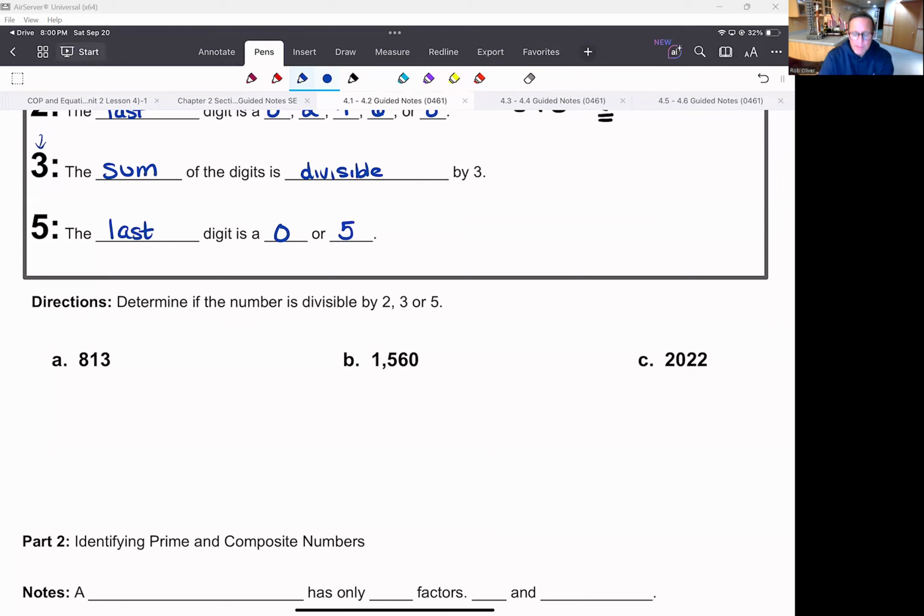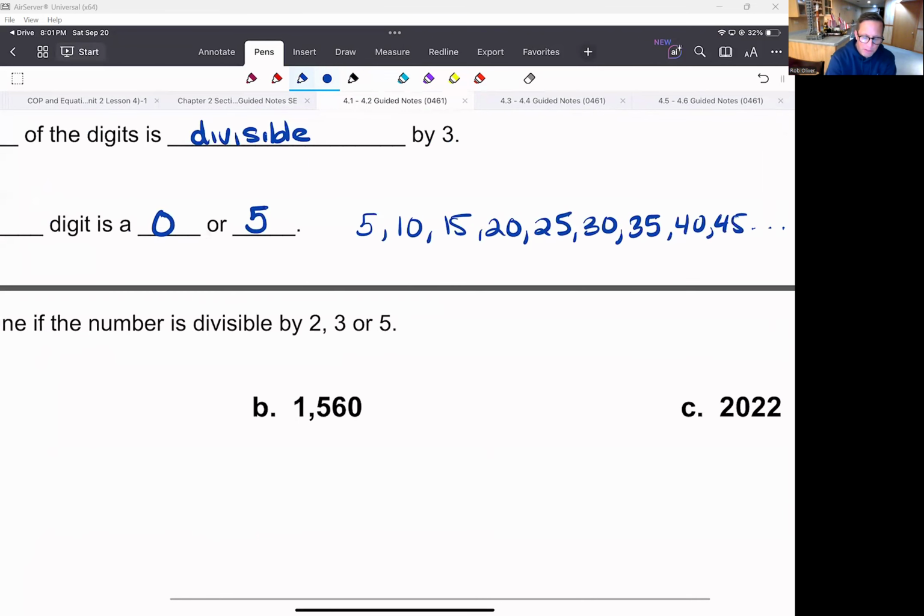That's how 5s work, right? We list out the 5s: 5, 10, 15, 20, and so on forever, 35, 40, 45, etc. You'll notice from that short list, it only ends in a 0 or a 5. It does not end in anything else.